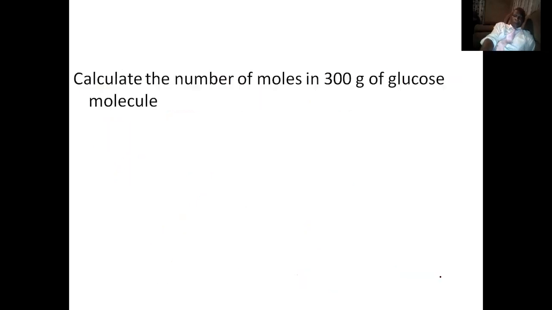Okay. And so here is a question where they want us to calculate the number of moles in 300 grams of glucose. We know that the formula for glucose is C6H12O6, carbon 6, hydrogen 12, and oxygen 6.